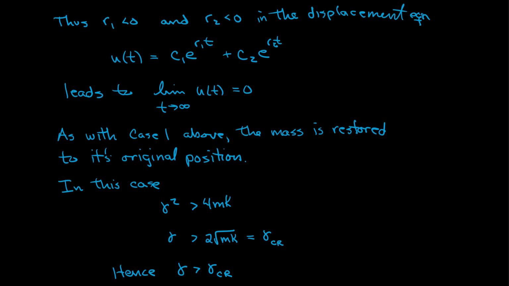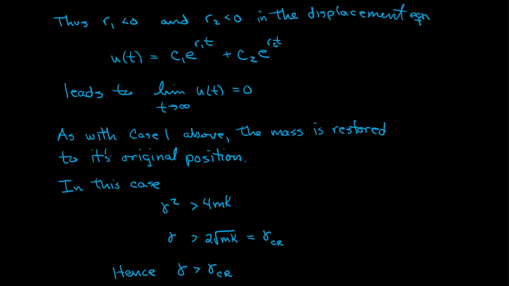So what we're going to have here is C1 e to the R1t plus C2 e to the R2t. And remember, R1 and R2 are both negative, so those exponents are both negative. When we apply the limit as t goes to infinity on our displacement equation, once again, just like we saw before, this is going to go to 0 over time.